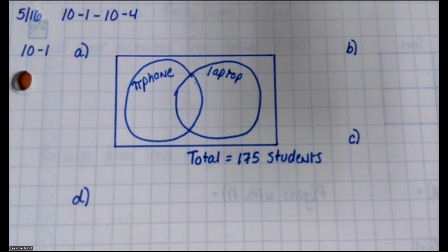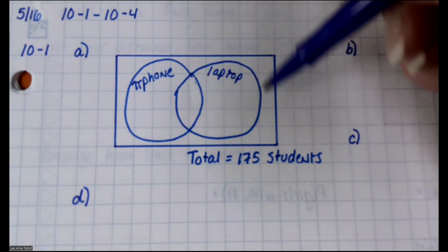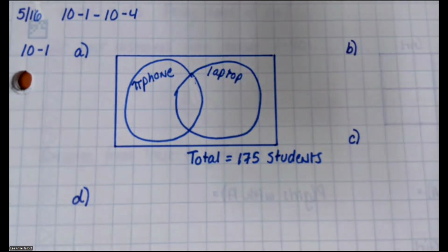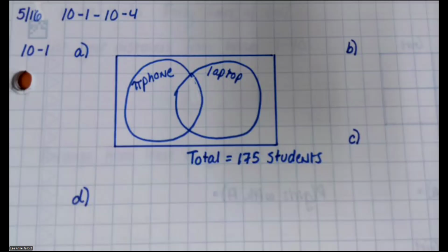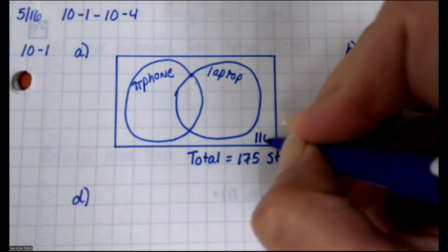Can you guys see that there are four regions? 1, 2, 3, and then the outside 4. Okay, next. He found that 28 students had the new Pi phone, 44 had a laptop, and 110 had neither. The next one I'm going to do is the neither, and I'm going to put that right here.